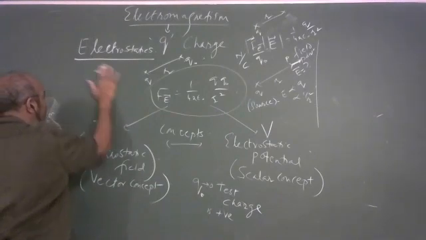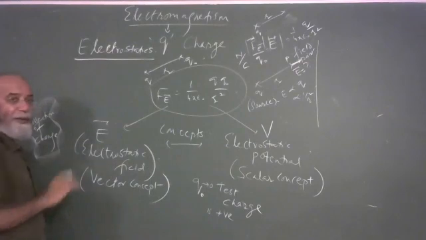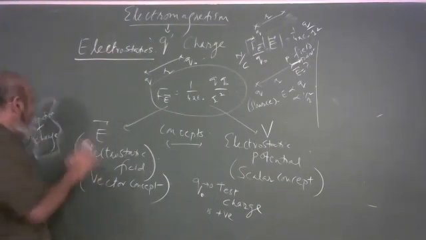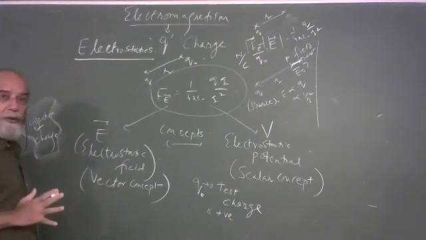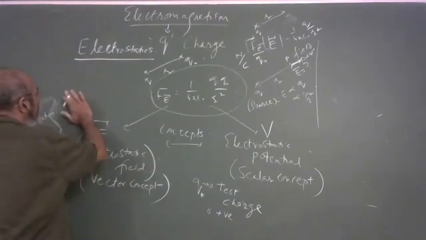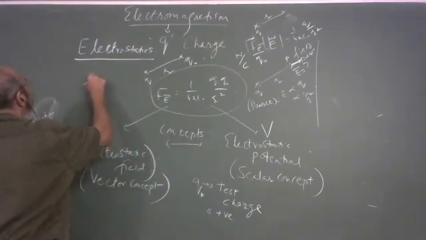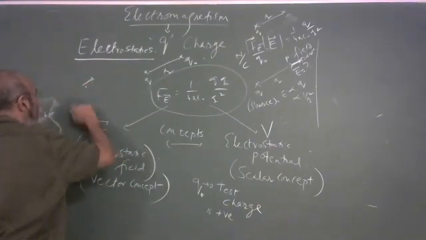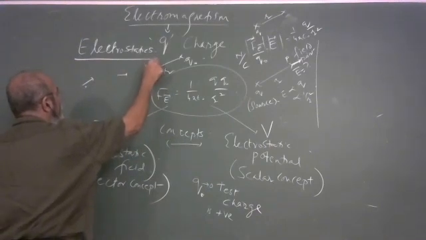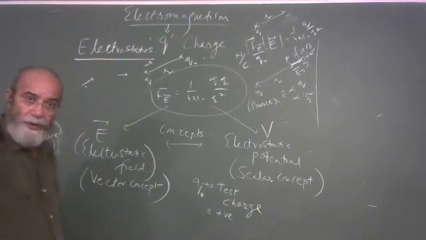There was a field set up by this collection of charge. The excess charge on this sheet, this collection, set up a field. I took my tester, I got an arrow like this at this point. I took it here, I got an arrow. I took it here, I got an arrow like this.